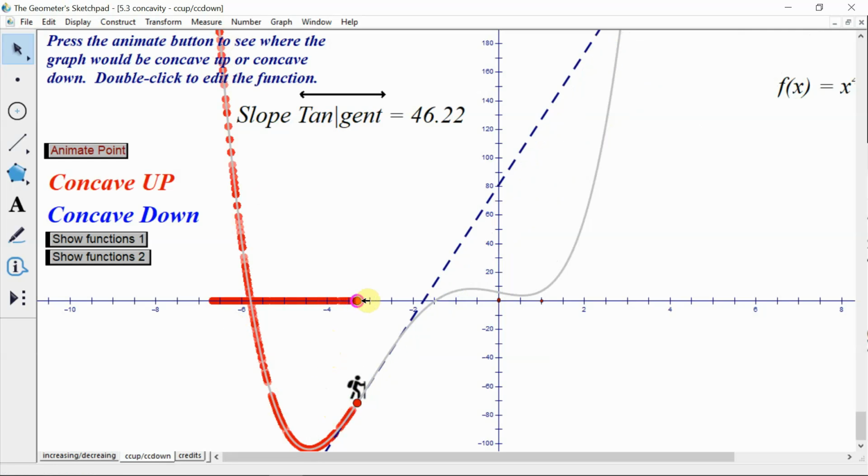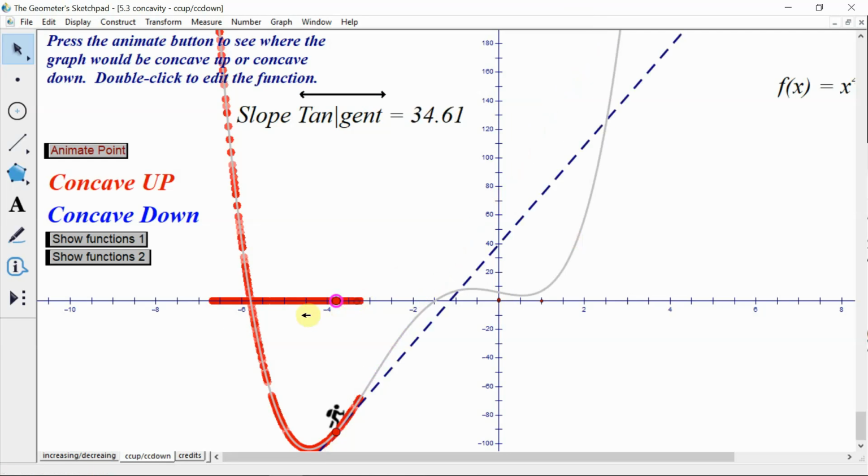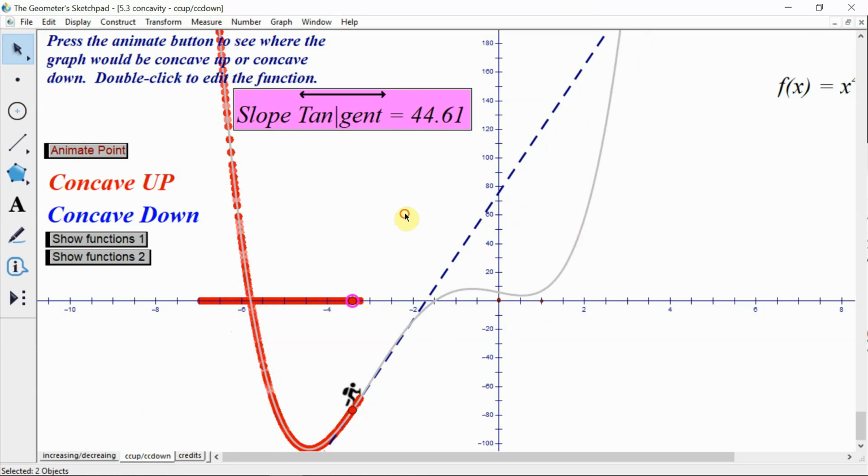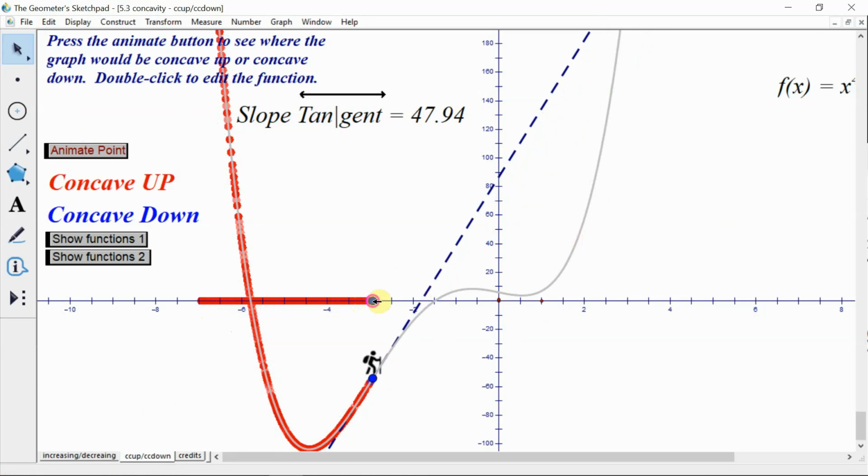But notice it is still this number, this slope. The tangent line is still tipping up to the right. So in this whole piece, on the right side, tipping up, tipping up, tipping up, still increasing, concave up, concave down. And right there is that moment, if you watch it carefully, you can see this tangent line starts to tip back.